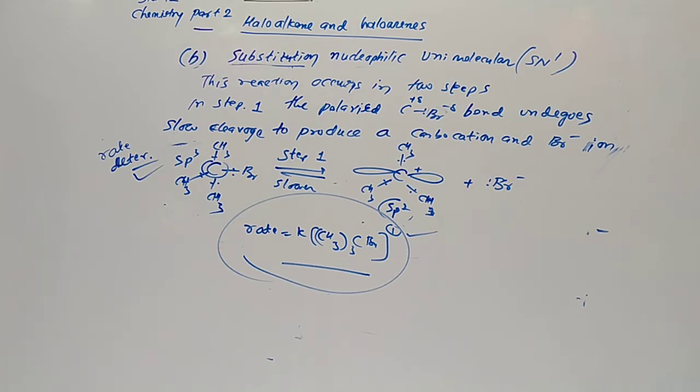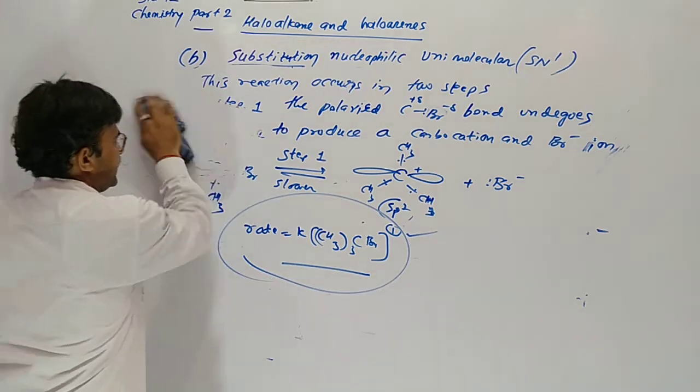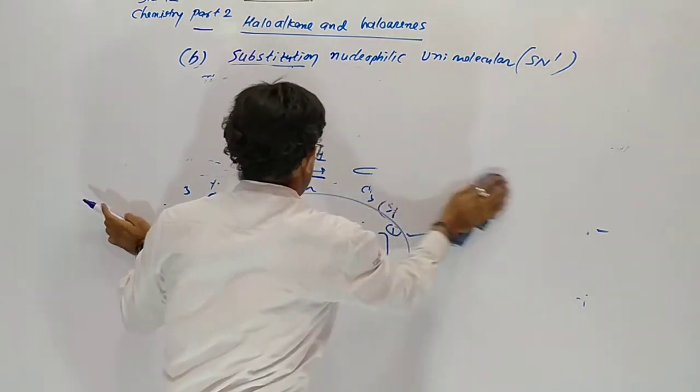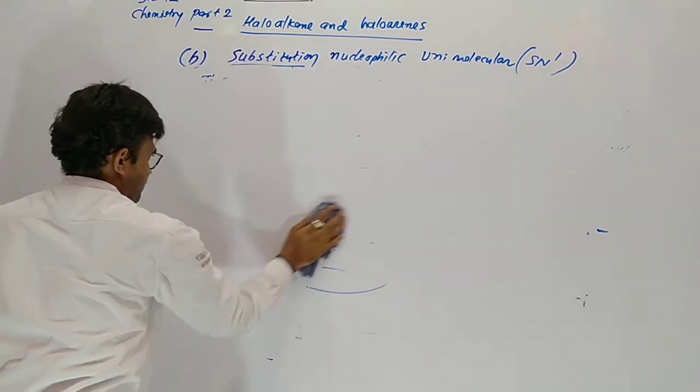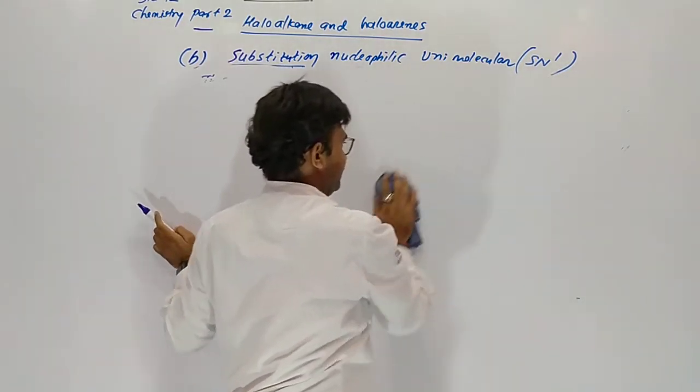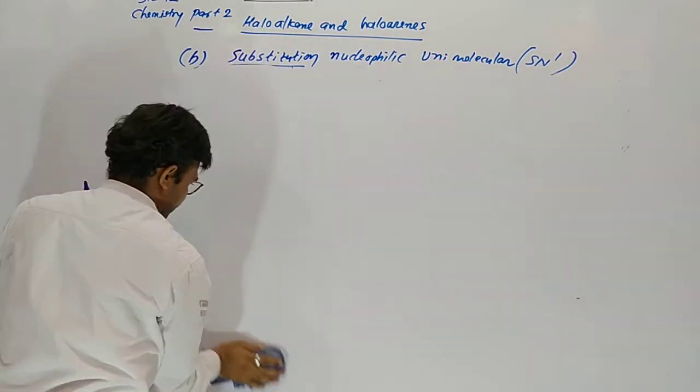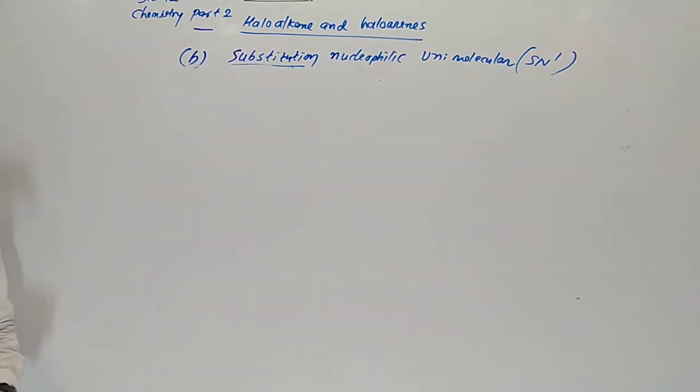Here the reaction occurs in two steps. Understood? So the first one is slower, the rate determining step. In the slower step, only one reactant is taking part.